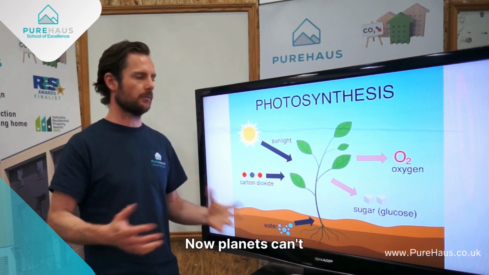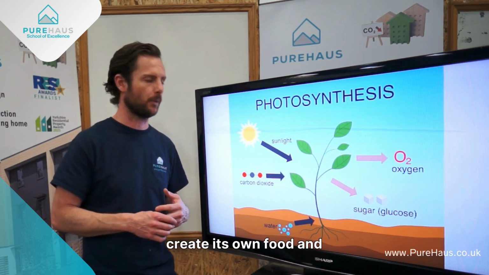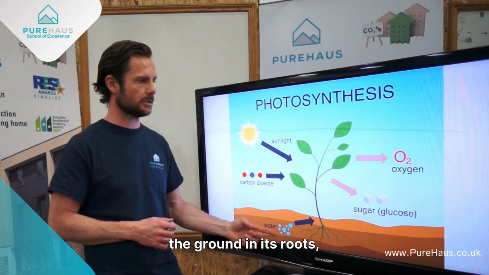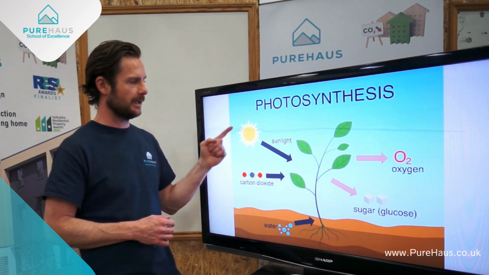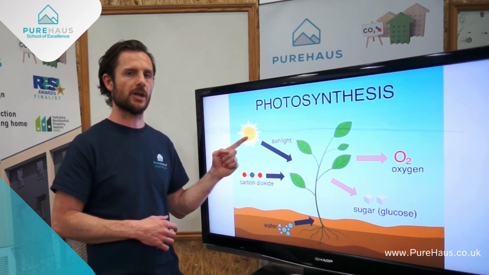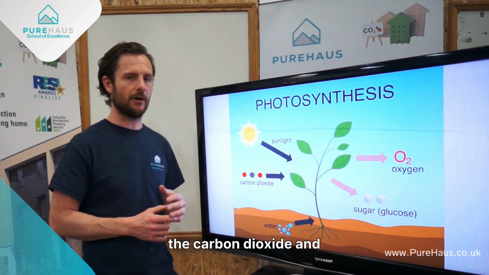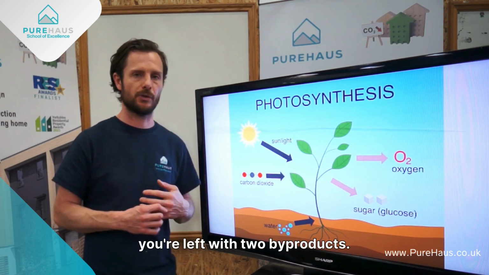Now, plants can't walk around and pick up food and eat food, so it has to create its own food. And the way that it does that is it draws water up from the ground in its roots. It breathes in carbon dioxide. It takes energy from the sun to start a chemical reaction. If you add the water, the carbon dioxide, and the sun's energy together to create that reaction, you're left with two byproducts.